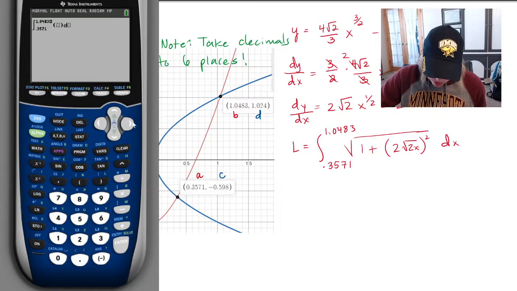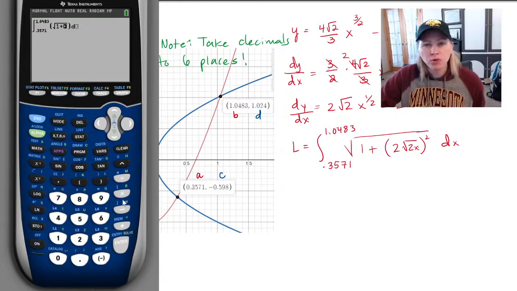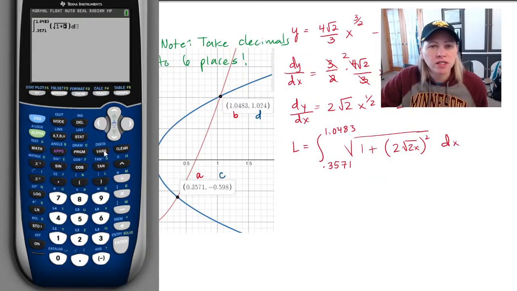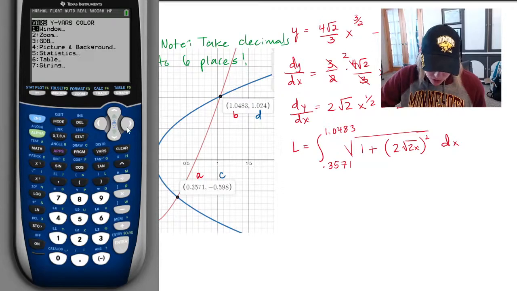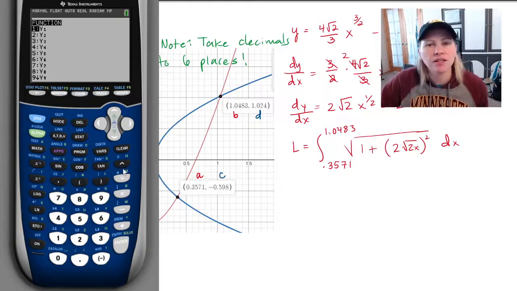and I have made plenty of them, that one trick that we do is we say the square root of 1 plus, and then if I put the derivative into y1, watch what I can do. I can just say, okay, I'm going to pull up my variables. There's a couple ways to pull up the y1. You can go to vars, yvars, and it's under function, and there it is, y1.